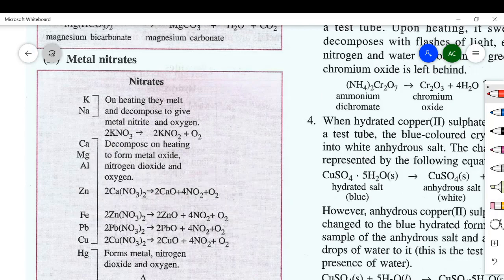They form one unique category because they are top in the activity series. So potassium and sodium nitrate will give you potassium or sodium nitrite, and oxygen gas will be evolved. The others will give you nitrogen dioxide and oxygen gas along with metal oxide.